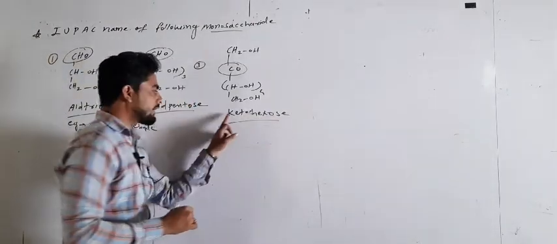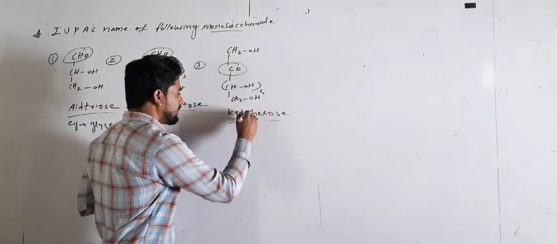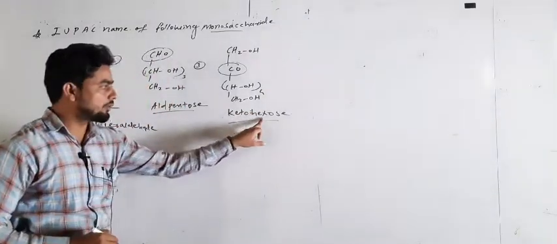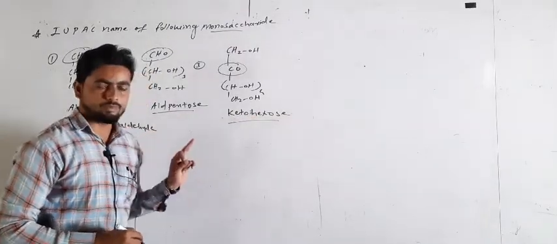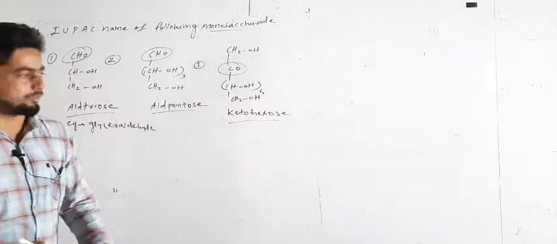So first we name the ketone, keto. Then hex means 6 carbon. OSE is a suffix. So keto hexose is the name of the given compound.